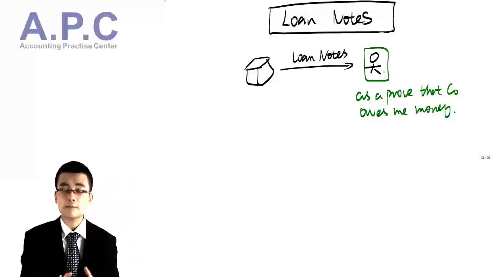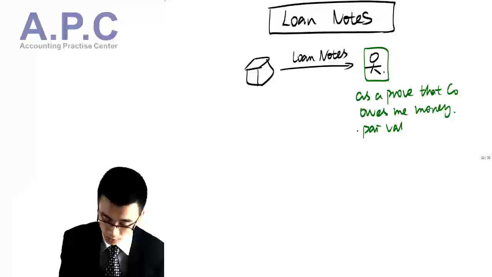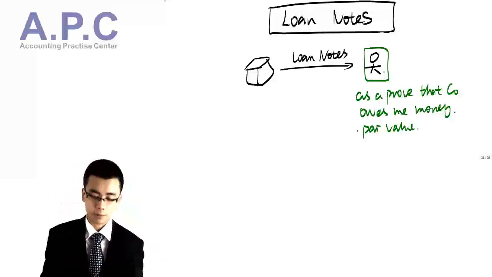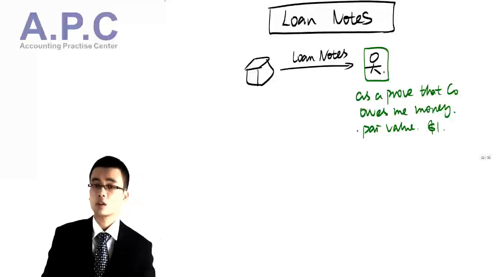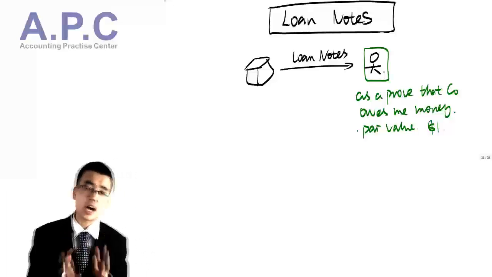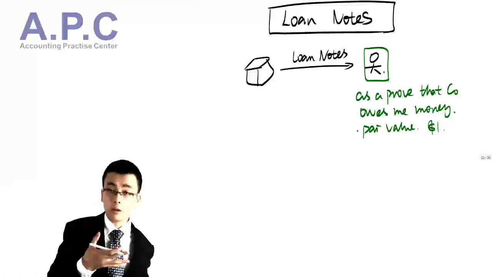So a loan note may have a par value. Same as shares, the loan notes may have a par value of $1 each. So the debt holder is trying to buy, let's say, 1 million loan notes from the company.